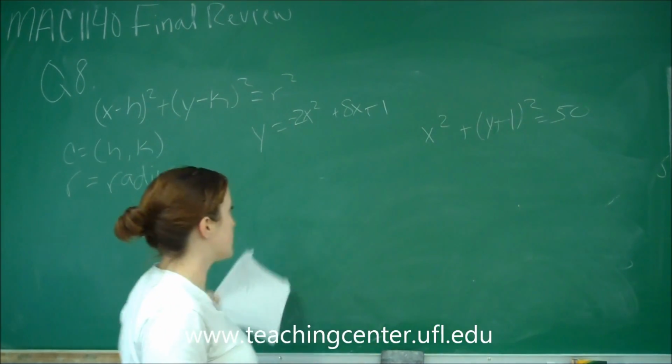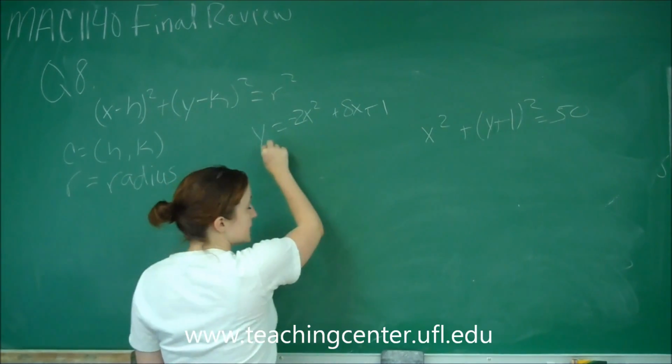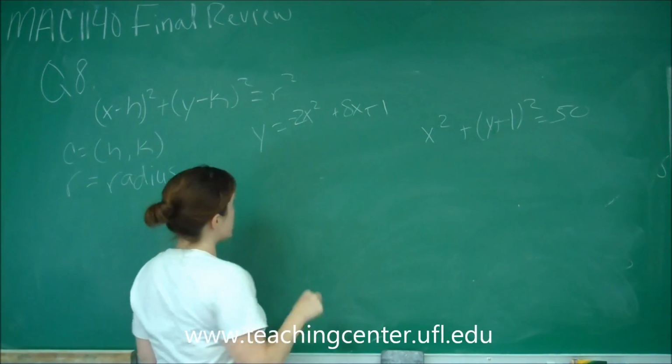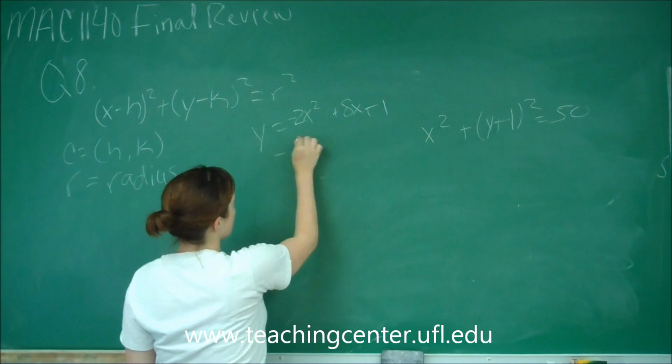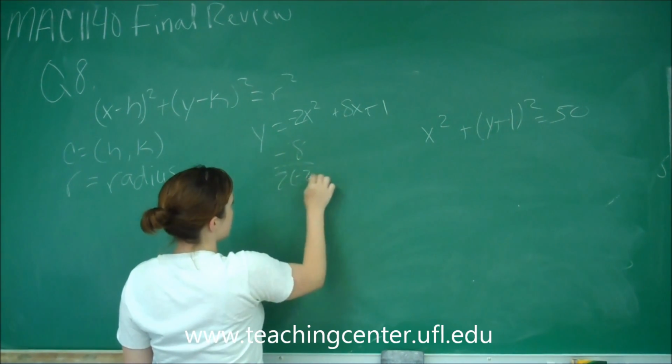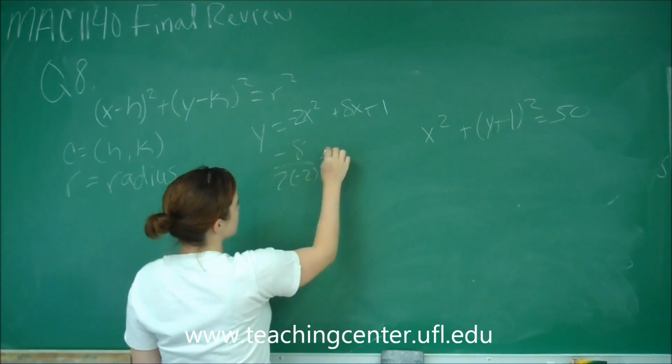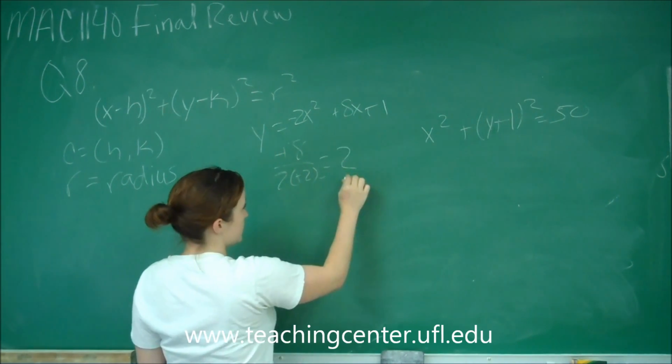So we want to find the distance. Remember, the x-coordinate of our vertex for our parabola is -b over 2a, so that's -8 over 2 times -2, and so that equals just 2.